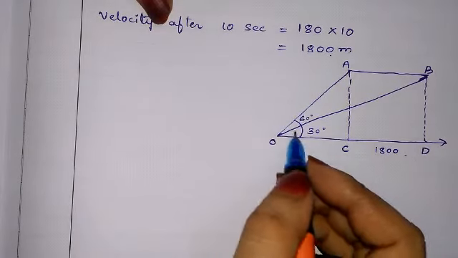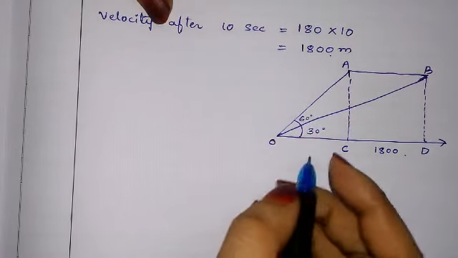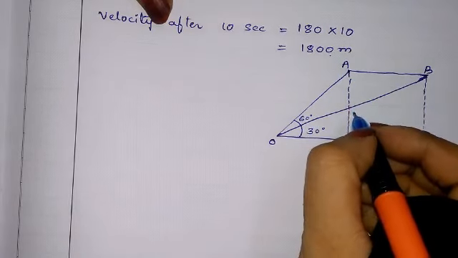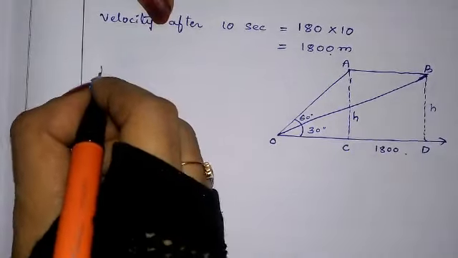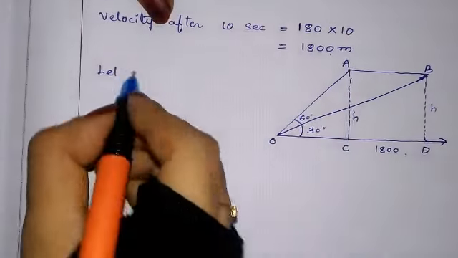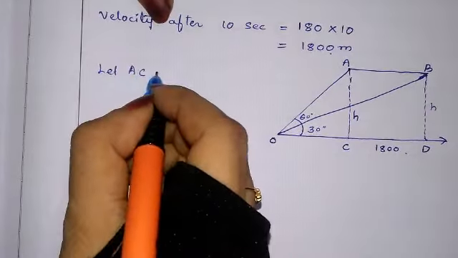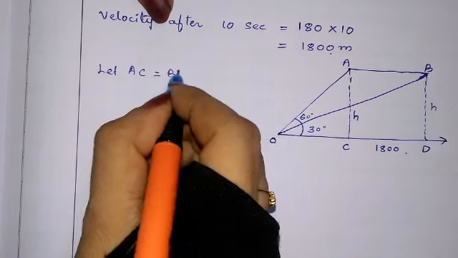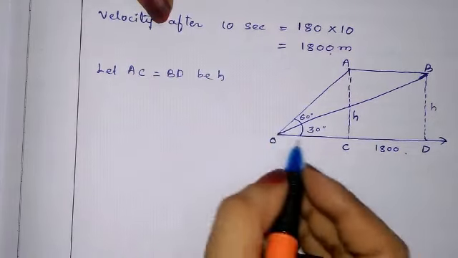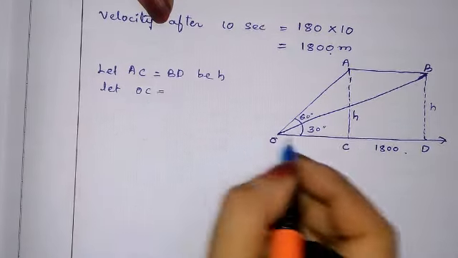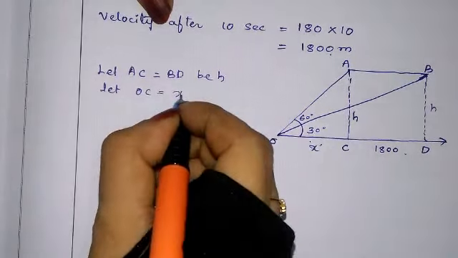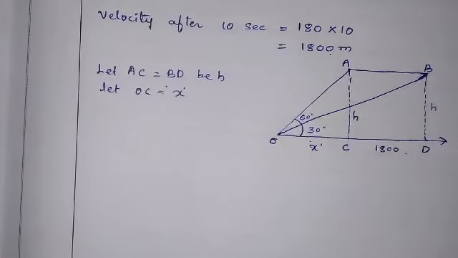Before we take the triangle, this height they have told us to find. Now I'll consider this H. So the height is the same. Let AC and BD be H, and let OC be X. Okay, let us start solving now.